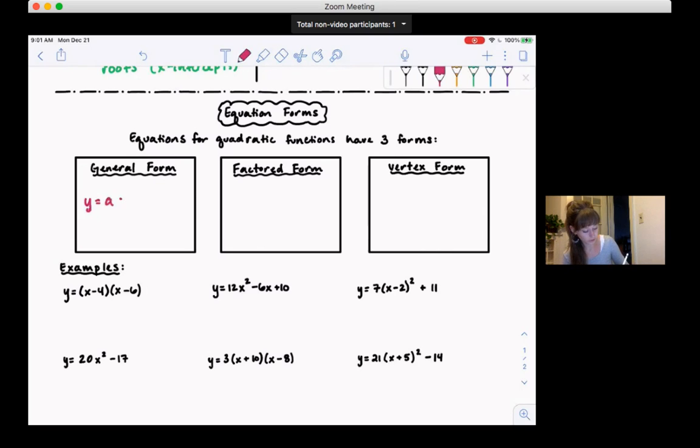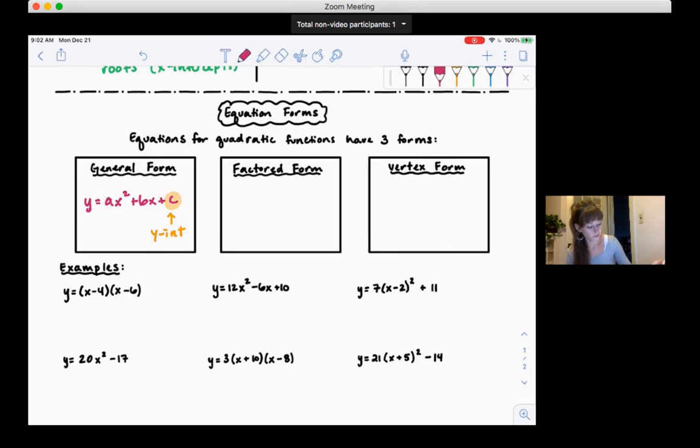Y equals ax squared plus bx plus c. A, b, and c are just numbers. And general form tells us the y-intercept of our parabola. So whatever this number c is, that's going to be the y-intercept.